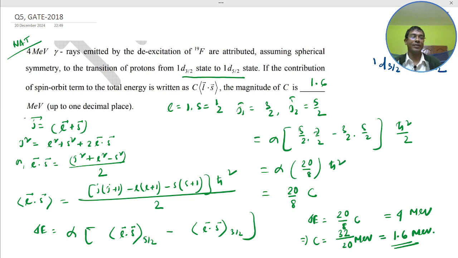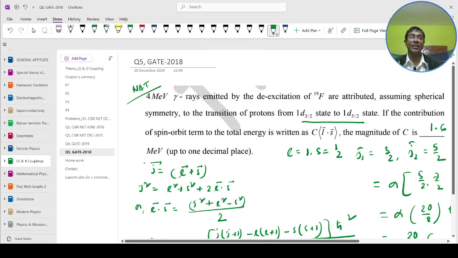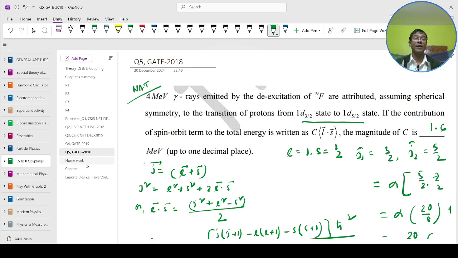And I think we have already discussed the 5 questions coming in CSIR NET and GATE, and for your better conception and understanding, I just give the homework for the same problem. After doing these 5 plus 5, 10 problems, I think you just do all the problems coming in these chapters, LS and JJ coupling.